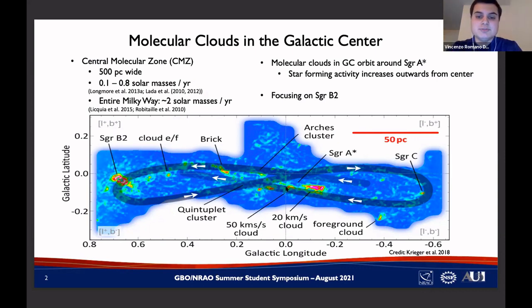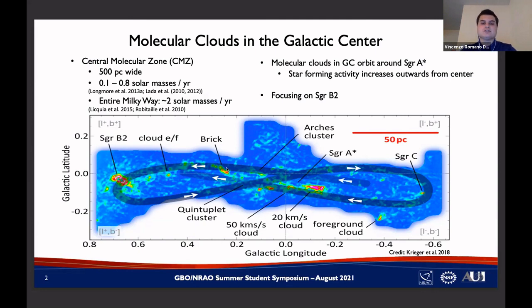If we look at this image here, we can see around the inner 200 parsecs or so of the CMZ. At the center, we see the supermassive black hole, Sagittarius A star, and all the molecular clouds in this region orbiting around the supermassive black hole. While the black hole is not a region of much star forming activity, as we increase our distance from it, the activity slowly increases.